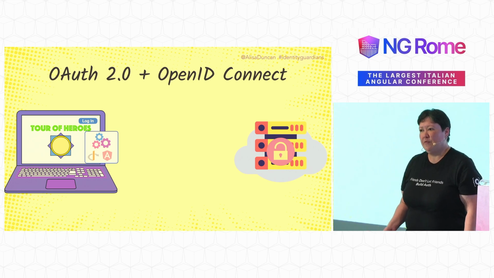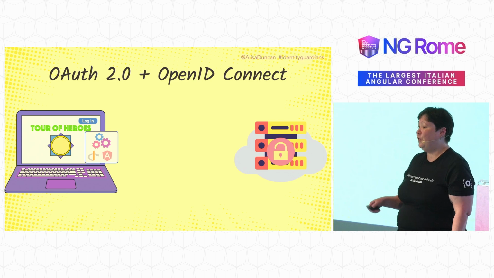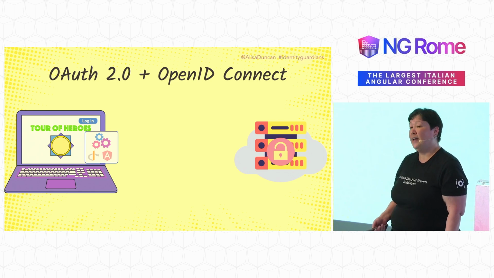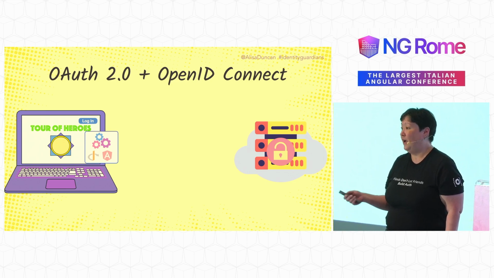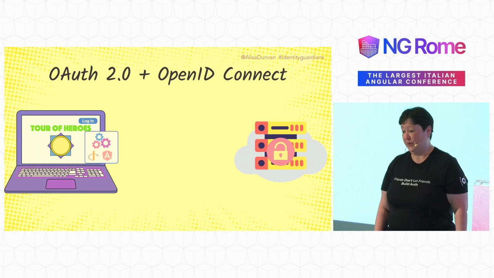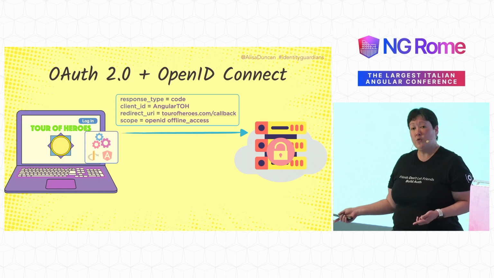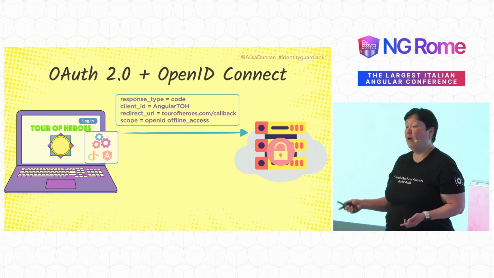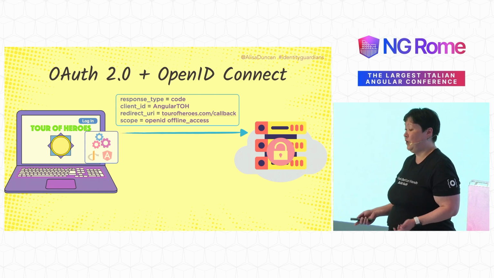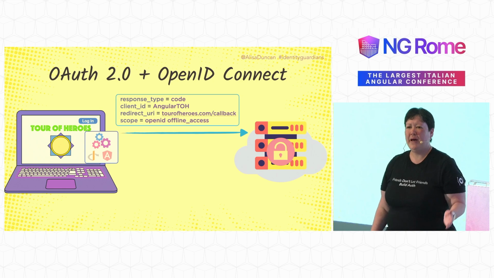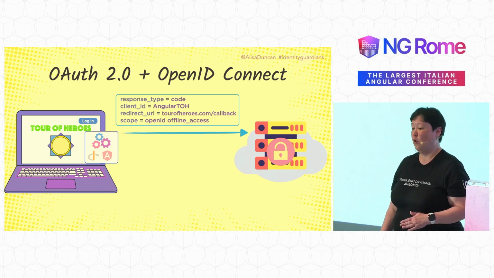A reputable identity provider will support OAuth 2.0 and OpenID Connect, and it'll also have an authorization server that you'll connect to. So when you're ready to log in, the OIDC compliant library will redirect the user to log in on a web page that's hosted on your IDP. And it's going to pass in some parameters in the URL.